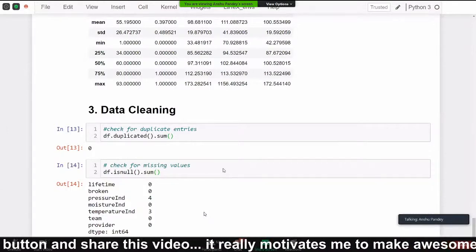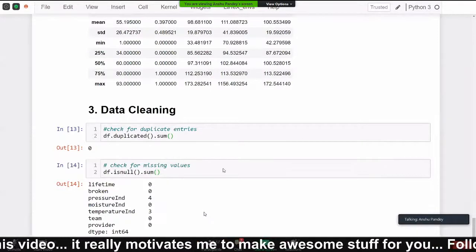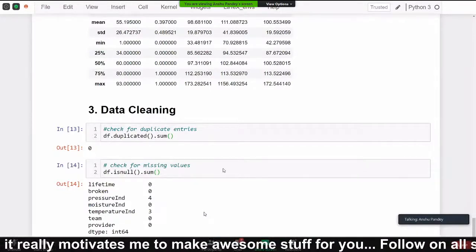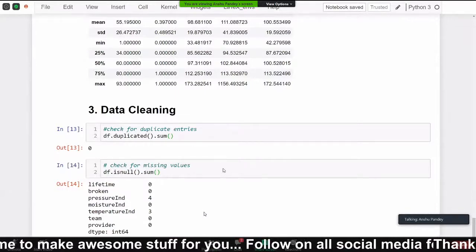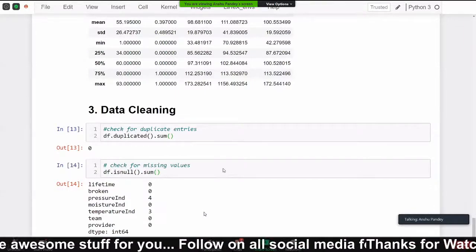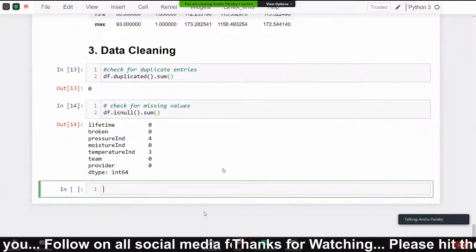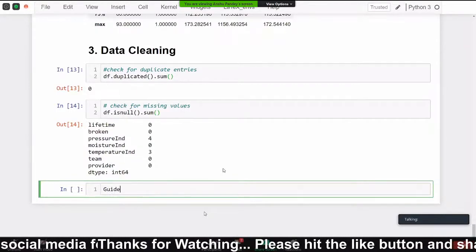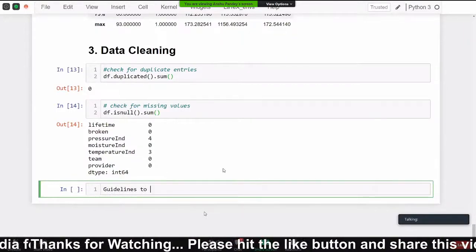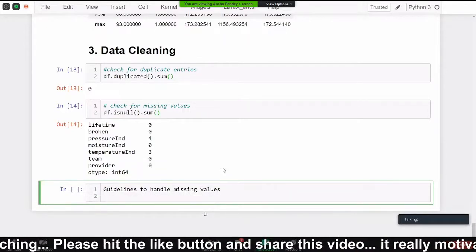So let's do that here. Now, to identify whether to substitute with mean, median or mode, how do you decide that? Whether I should fill in the missing values by mean, median or mode, right? There is a set of guidelines to handle missing values.